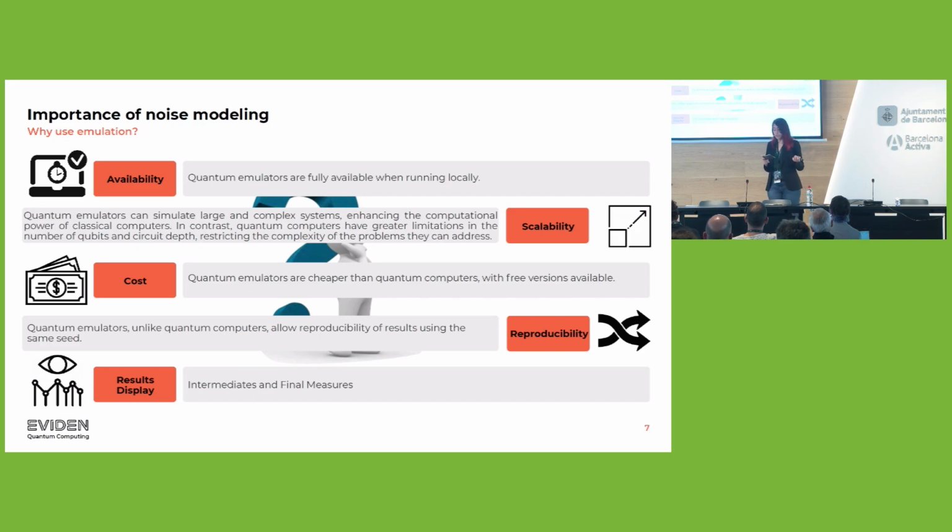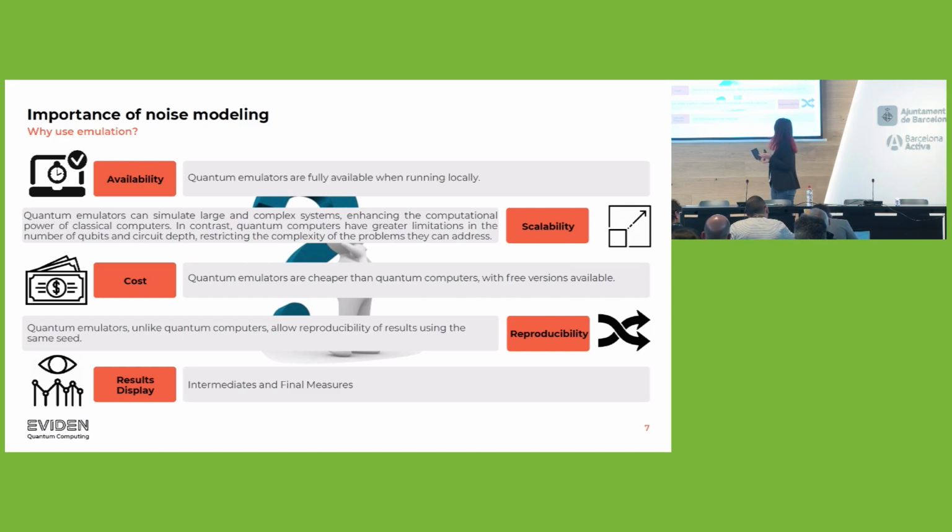Many of you may ask, why use an emulator and not a quantum computer? The truth is, I consider that using an emulator is a complement. It's not substituting a quantum computer. However, the main advantages it offers over a quantum computer are the following.